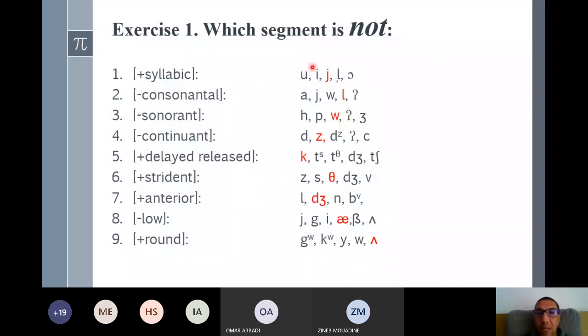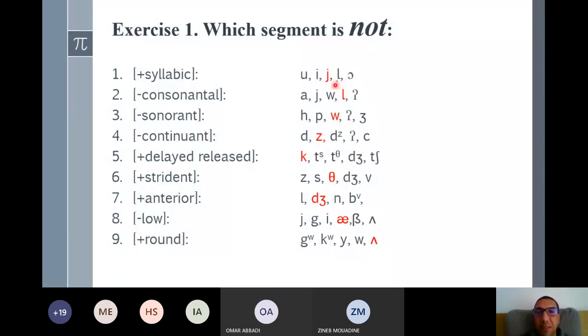The u is a vowel. O is a vowel. The l is a syllabic segment. The l has a diacritic for syllabic segments, because liquids can be syllabic. For example, in English, like little, at the end, l is syllabic, and so it has this diacritic.